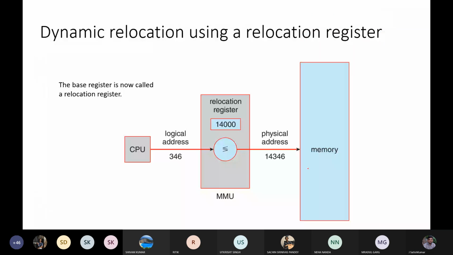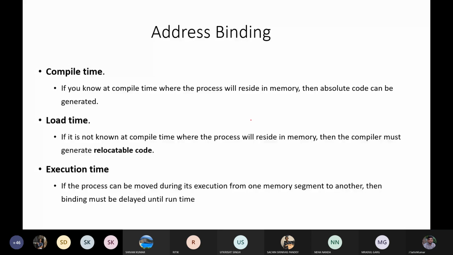Okay. Now we need to allocate. That is where relocation comes into the picture. Whenever you compile a program that should reside in memory, absolute code could be generated during compile time.